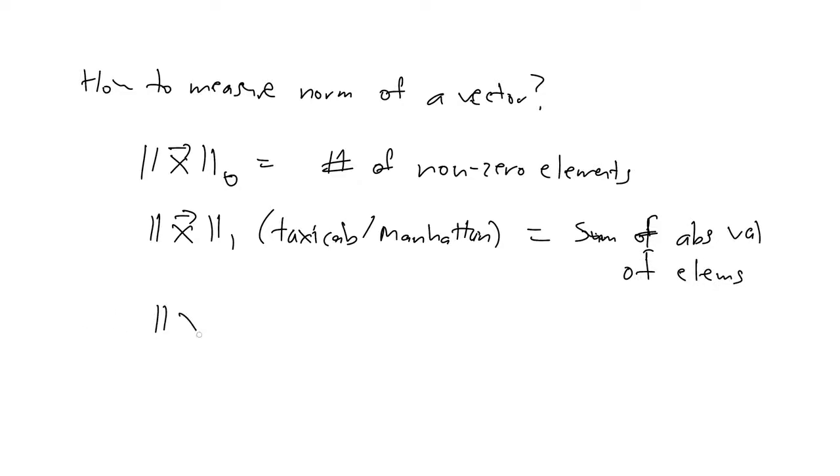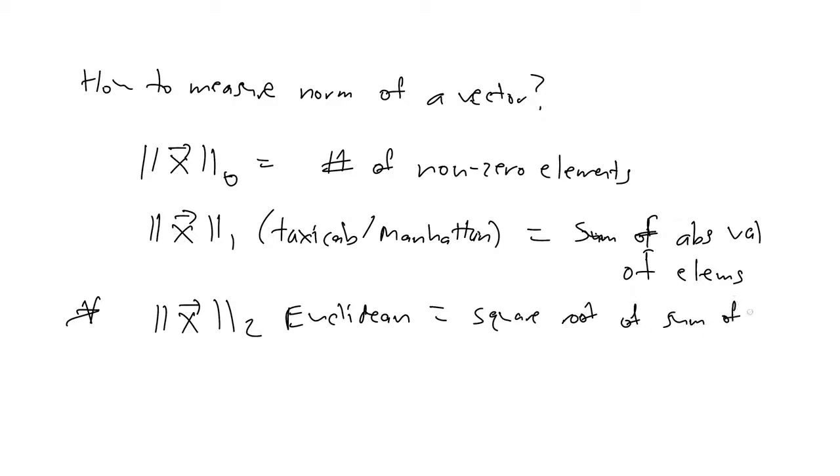The one we're going to use the most, and I'll even put a star by this, is the Euclidean norm, and that is the Pythagorean theorem thing. That is the square root of the sum of the squares. And to be consistent with the other one, we'll take the squares of the absolute values of the elements, right? Think of this as the crow flies distance.